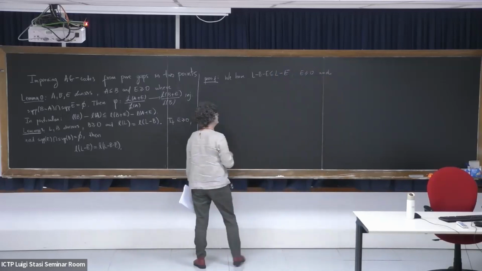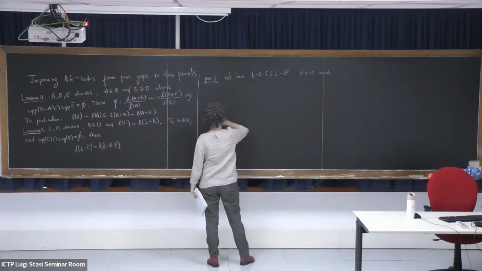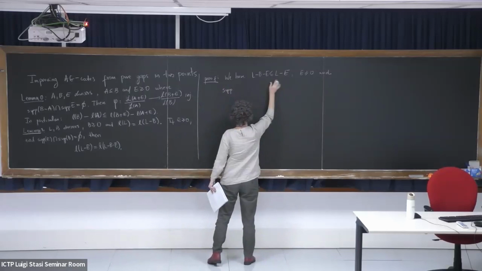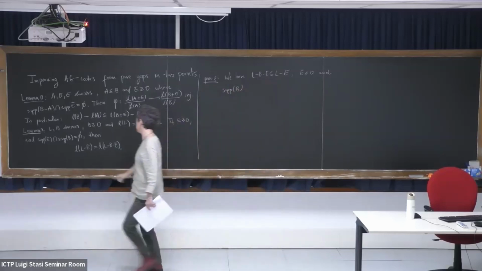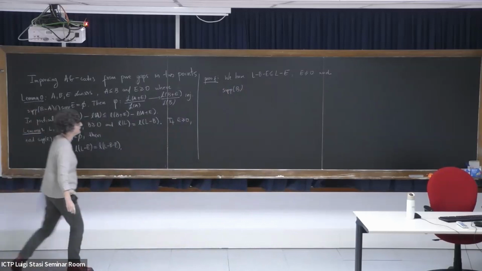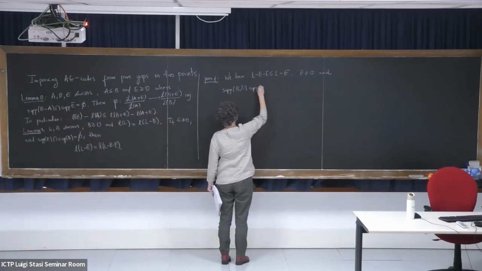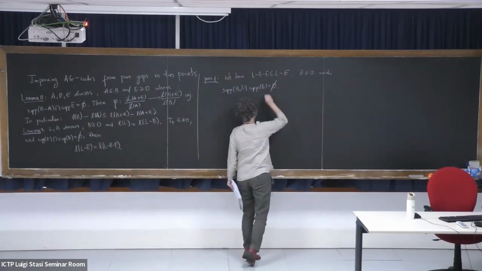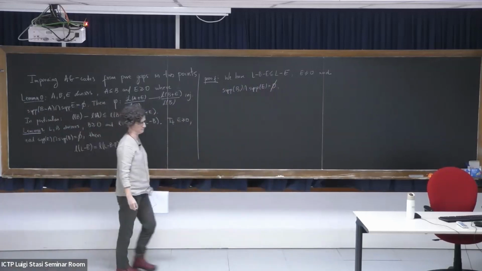And if you take these divisors less this one, you get just B. So the support of B, the difference between these both, and the support of E, our hypothesis, is empty set. So we are in condition to apply lemma 0.